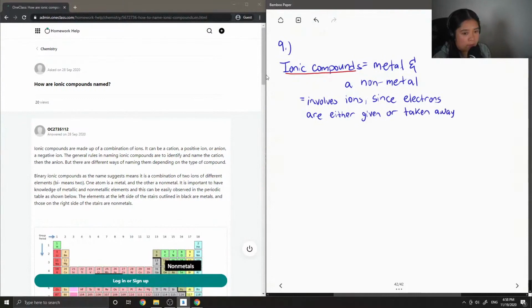Compared to covalent molecules, which involve the sharing of electrons, in ionic compounds you have a metal that completely gives away some of its electrons to a non-metal. So that's how the bonds are formed, because you get a positively charged metal and a negatively charged non-metal, and they are attracted to each other.